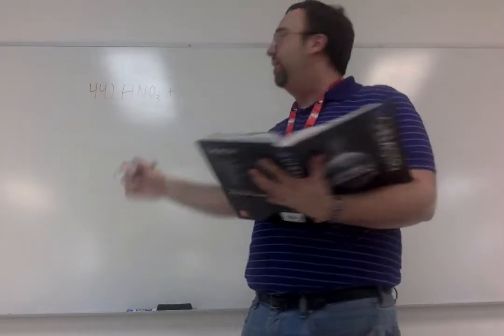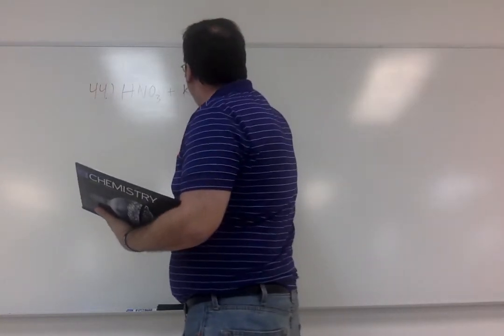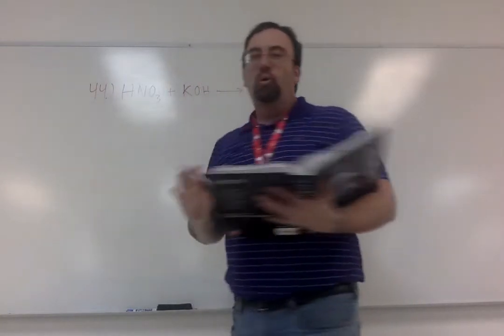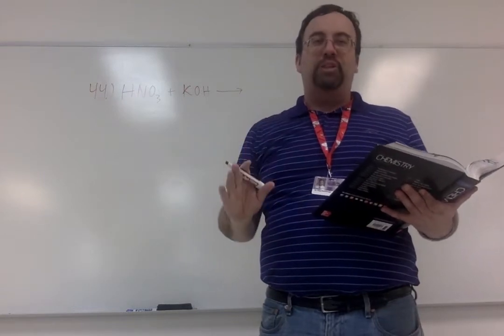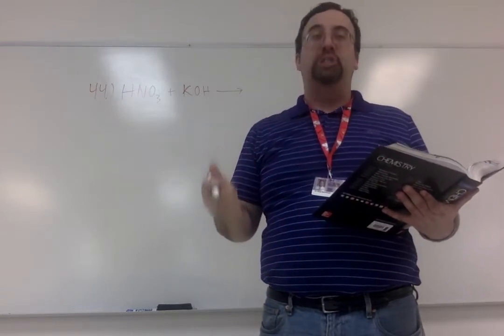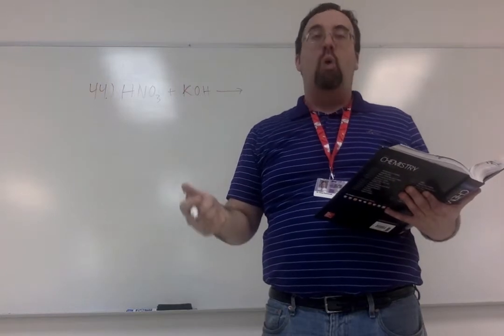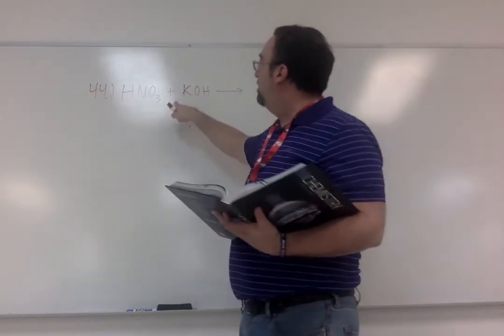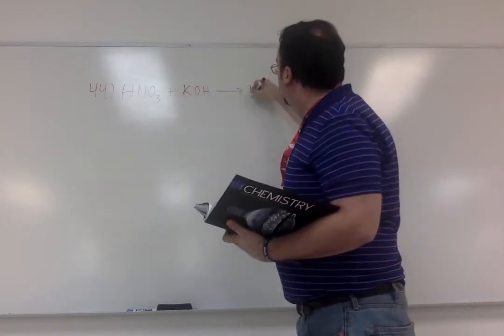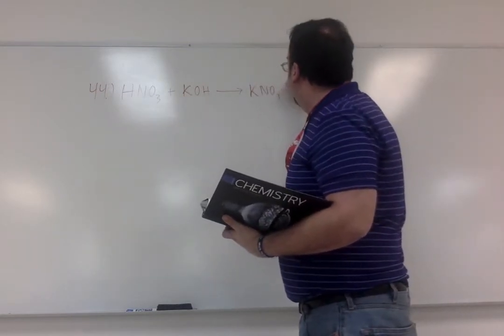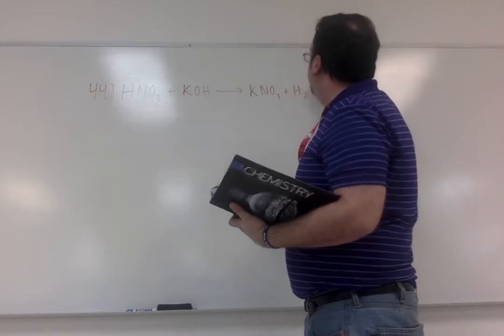Remembering the Arrhenius definition of acids and bases, when you react an acid and a base, you form both a salt and water. The salt in this case is going to be potassium nitrate, and H2O.